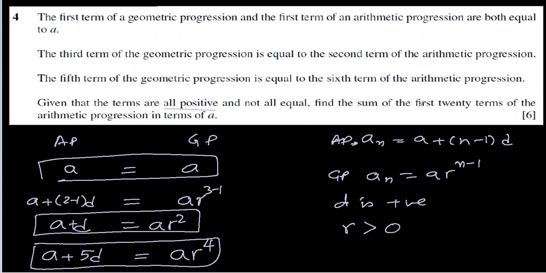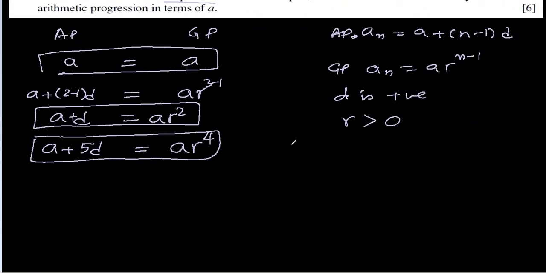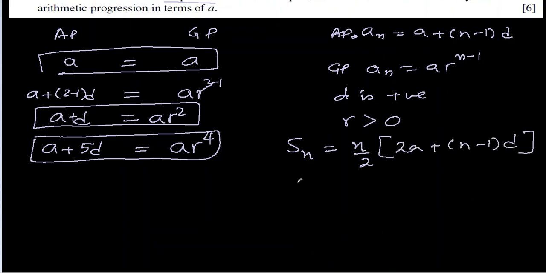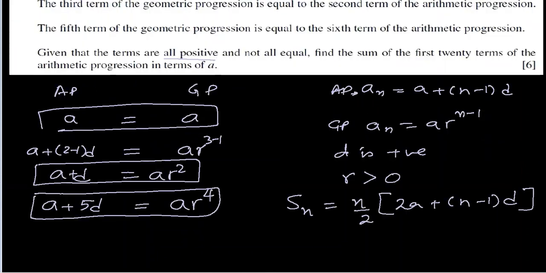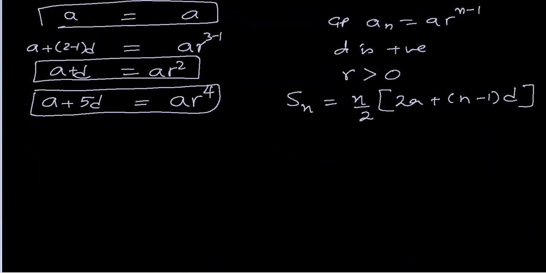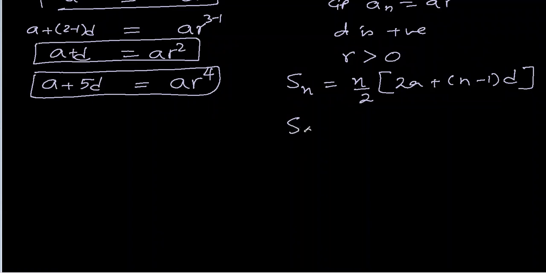Find the sum of first 20 terms of AP in terms of a. So we don't have to find a, right? So sum of n terms of an AP is n over 2, 2a plus (n minus 1) d. They're saying 20 terms, right? Sum of first 20 terms, S20.